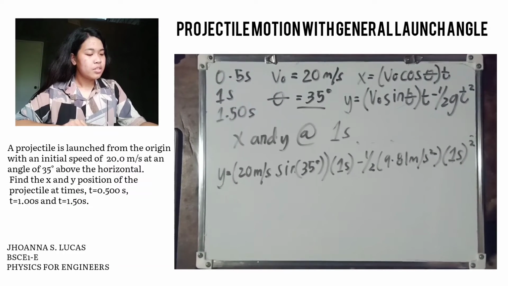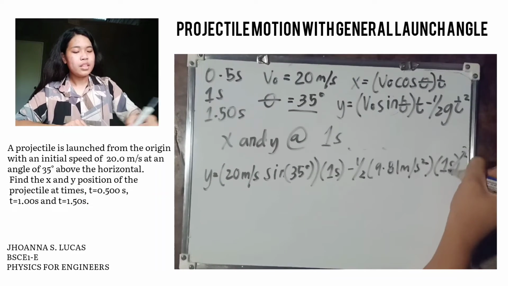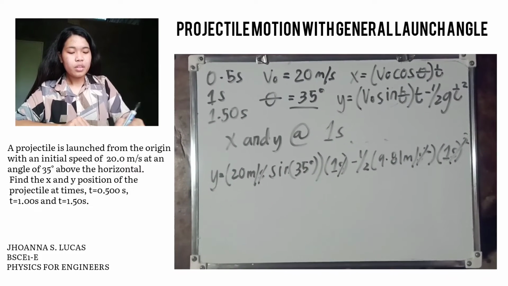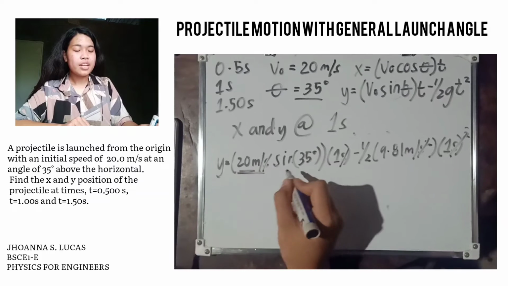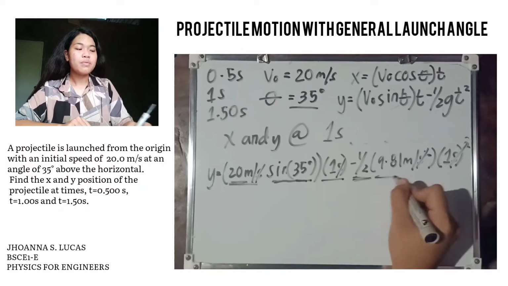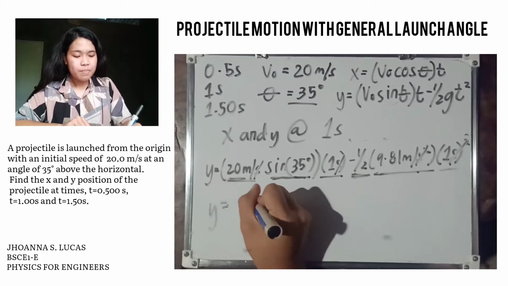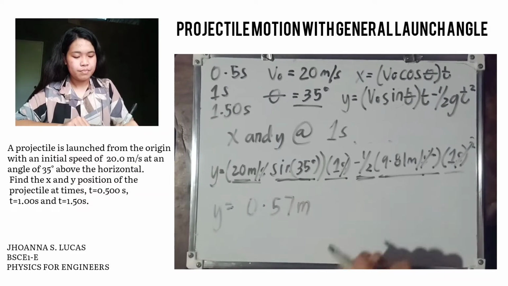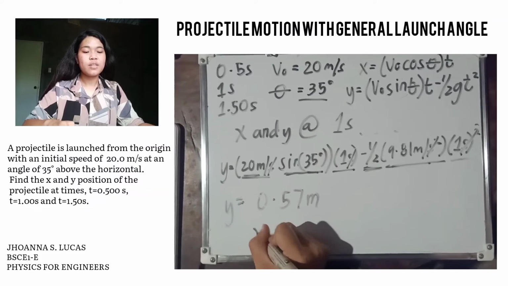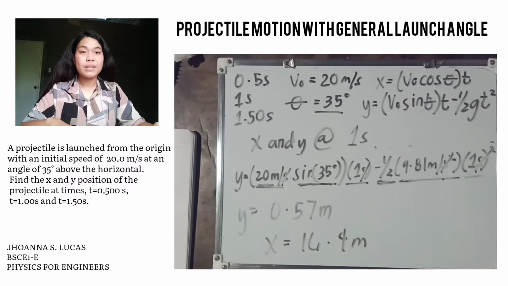Since there is seconds squared here, we will cancel both of them, and here we have seconds, we will also cancel this. So, 20 meters times sine 35 degrees times 1 minus 1/2 times 9.81 meters times 1 is equal to 0.57 meters. So, our x and y at 1 second, our x is 16.4 meters and our y is 0.57 meters.